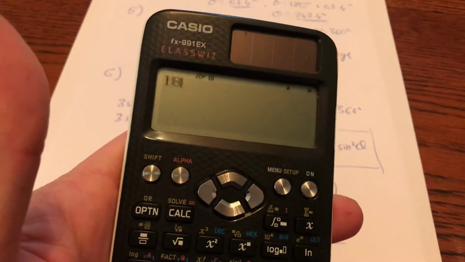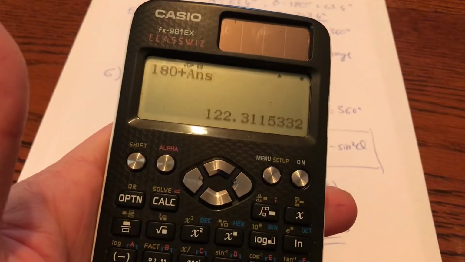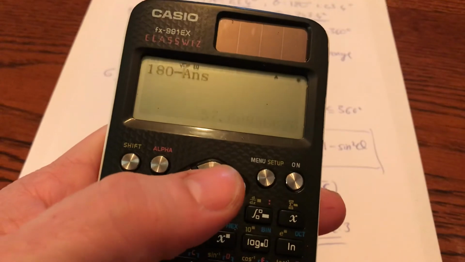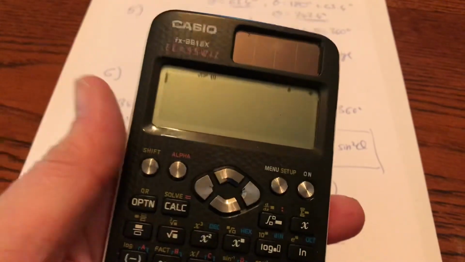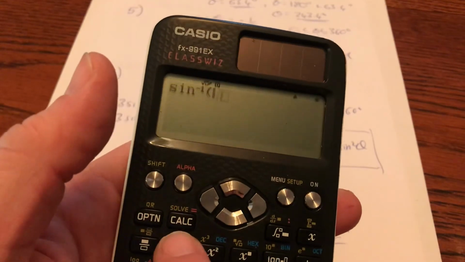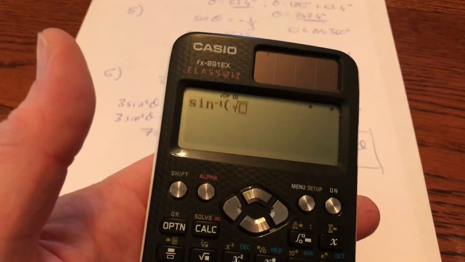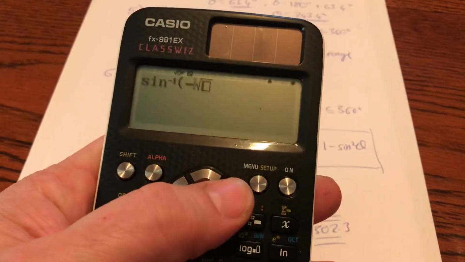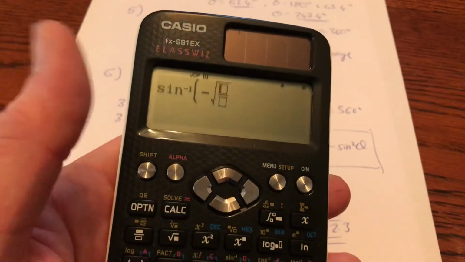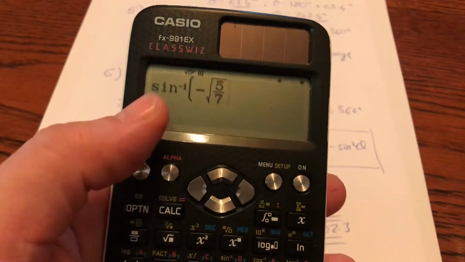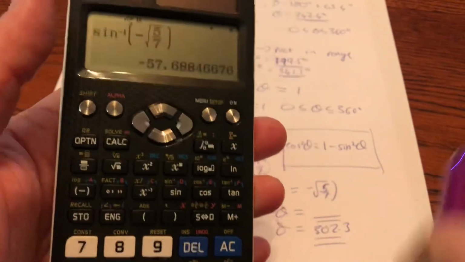Right, 180, add your answer, or even take away your answer. Let's get that back, I do apologise. Right, shift sine negative, I'm losing the plot now, we're nearly there, 5/7, this will all be worth it. And there we go, I'll just make a note of that.